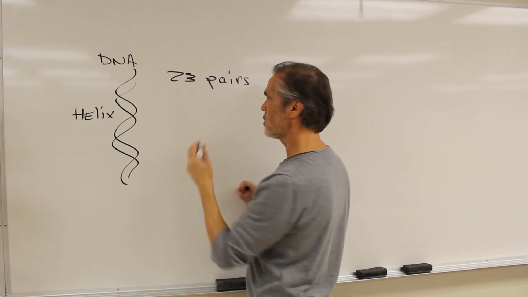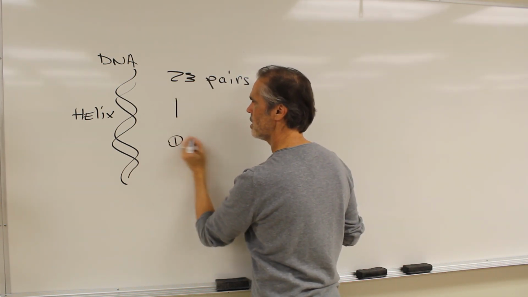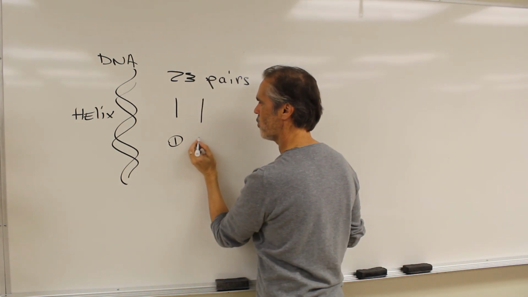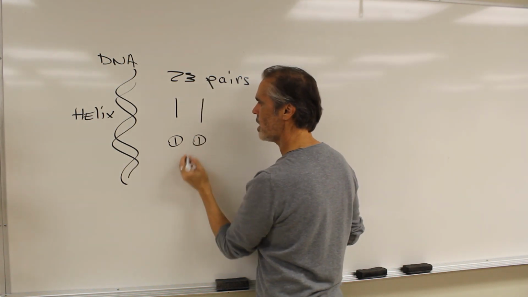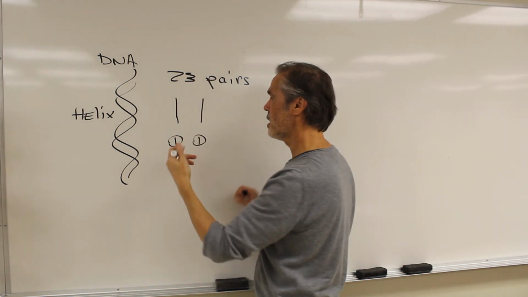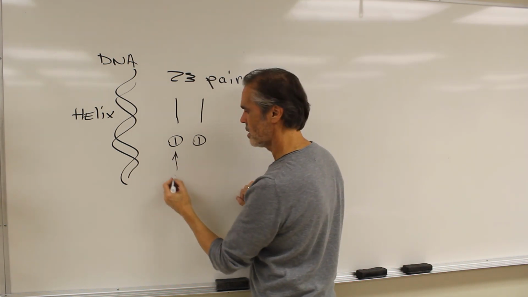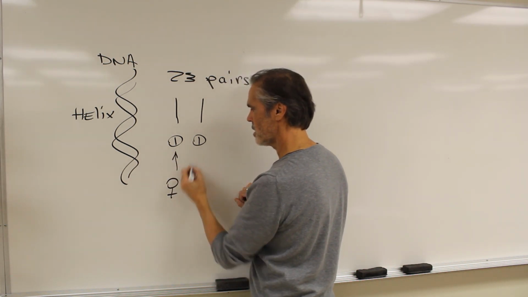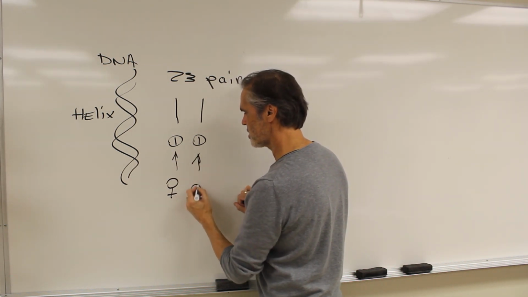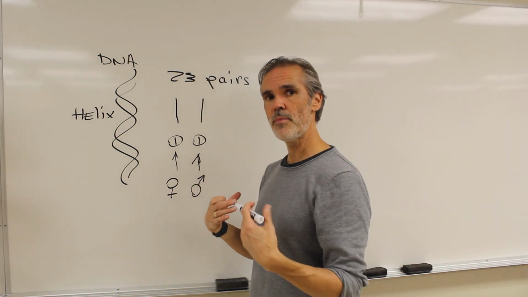So we have chromosome 1, and then we have the other chromosome 1, they come in a pair, right? So this one here was inherited from your mother, and this one here is a paternal chromosome from your father. That's why we have a pair.